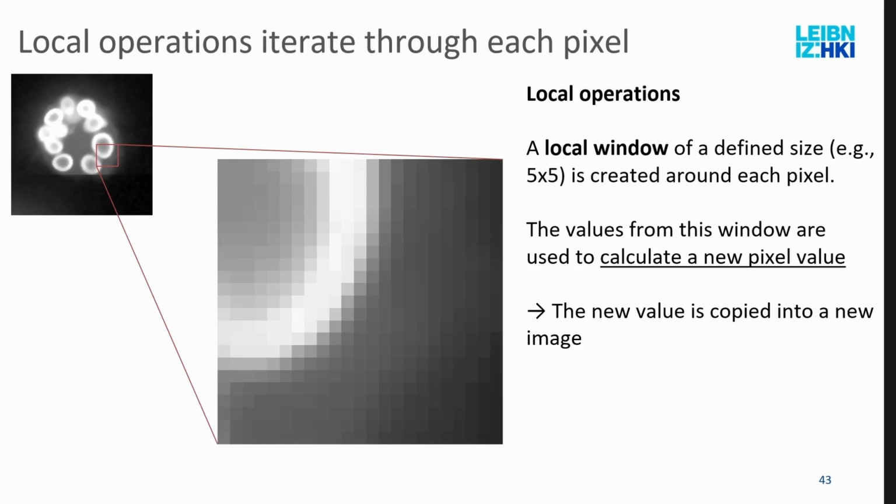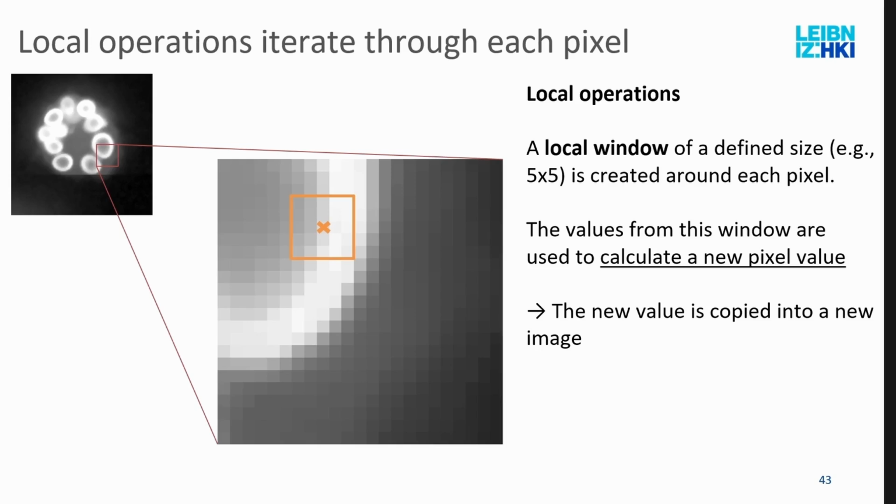So how do they work? These local operations go through each pixel and define a local area around it. For example, on this pixel, it makes a small little window around it, and then it does something on it. And this something determines what the operation will actually do.